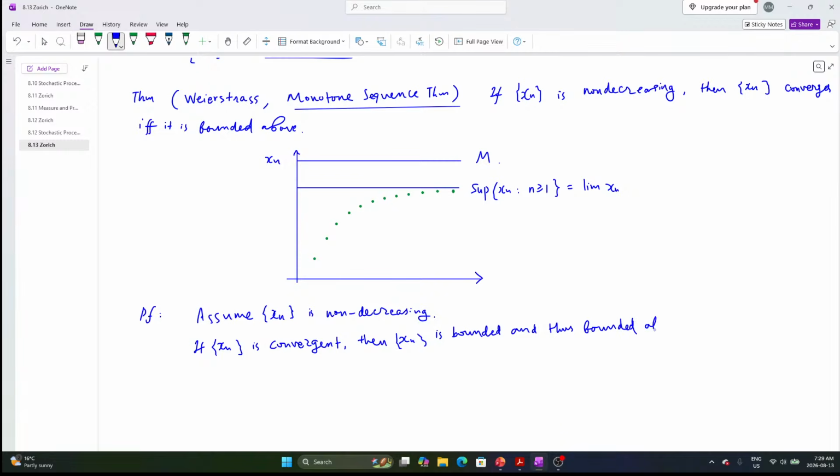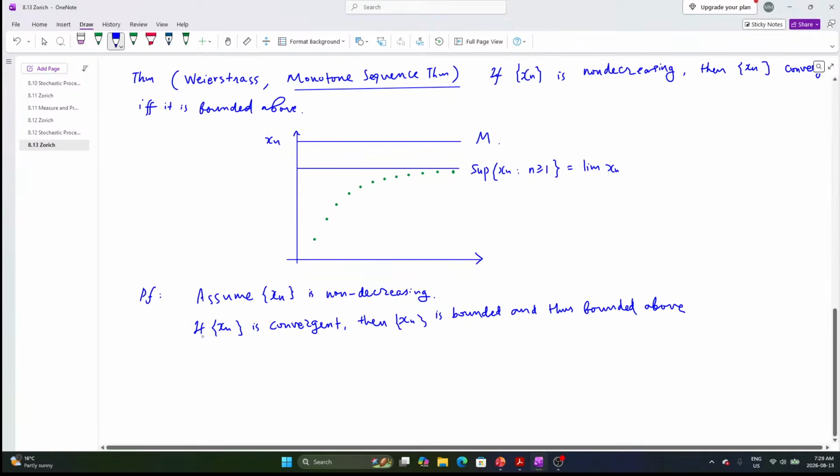Okay. So the key really is the converse. Right. So now assume xn is bounded above, and we need to show xn is convergent.